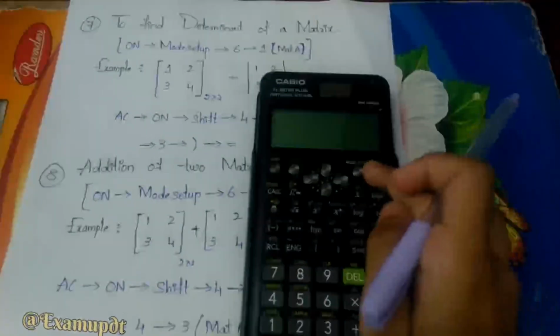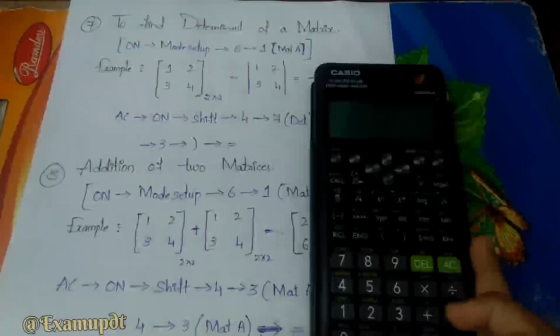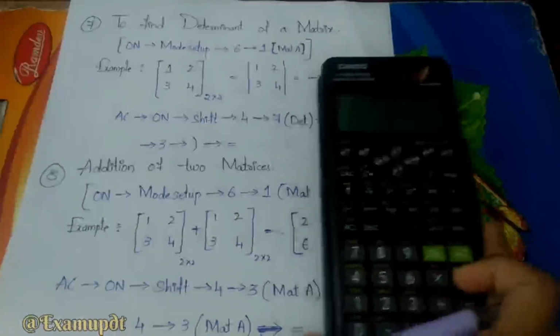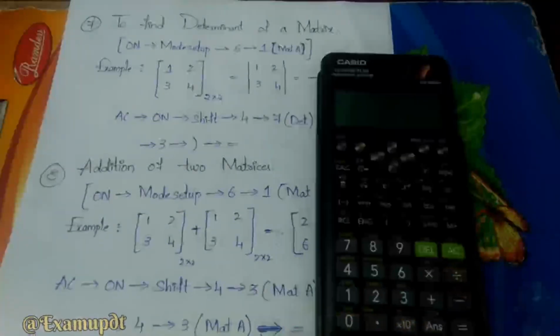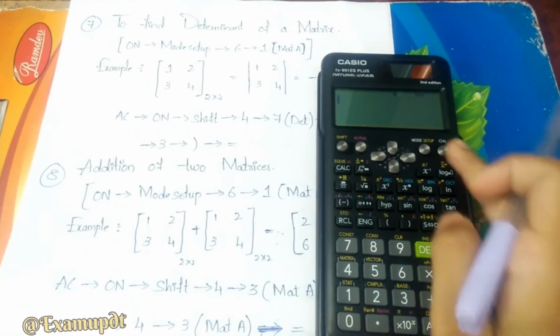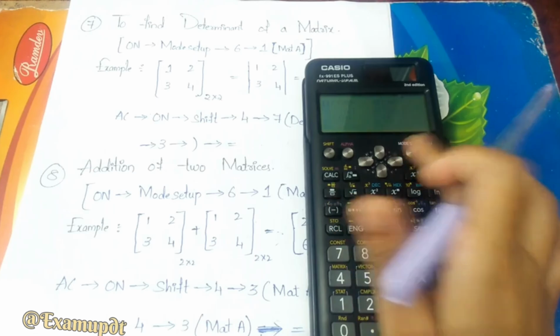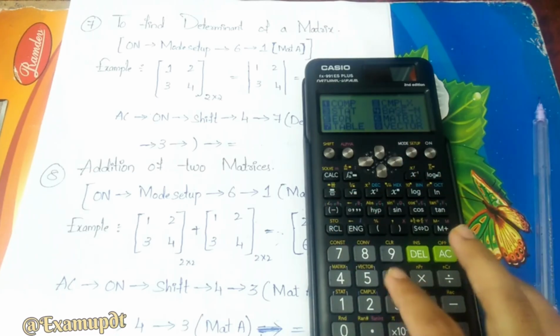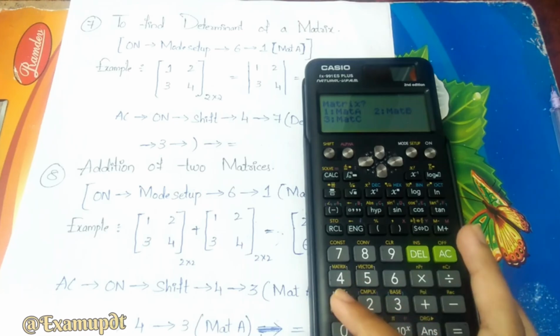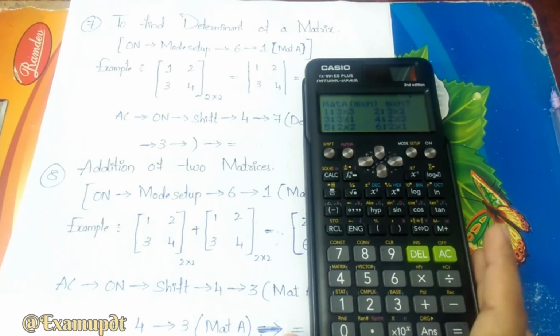And the next is addition of 2 matrices. So we are performing the addition of 2 matrices. For that, first you turn on the calculator, then click on mode setup, and then click on 6 for the matrices. Now I am taking the matrix A, so click on 1.